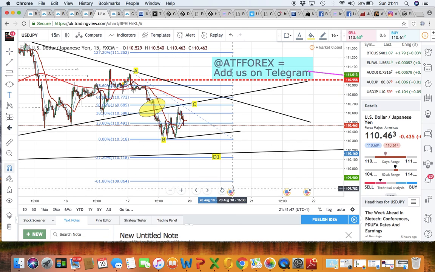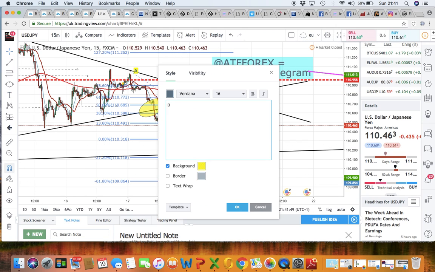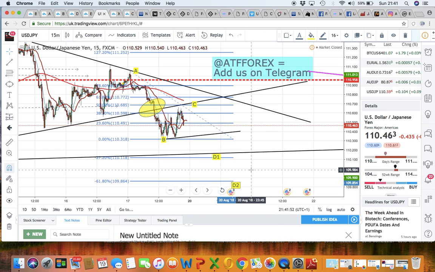And then we've got our D2 target, because we should be seeing a nice bearish momentum form once we've broken this corrective structure. We will hopefully be looking at entries on the breakout of this structure.